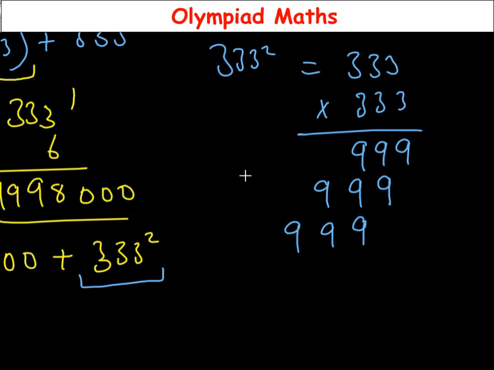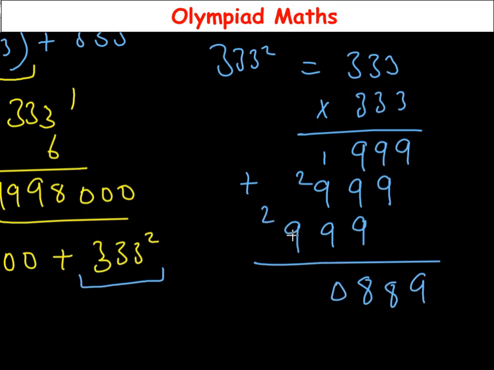Then the next thing is to add up everything. 9 plus 9 is 18, write down 8, carry 1. 9 plus 9 is 18, plus 9 is 27, plus 1 is 28, write down 8, carry 2. 9 plus 9 is 18, plus 2 is 20, write down 0, carry 2. Then 9 plus 2 is 11. So we have 333 squared equal to 110889.